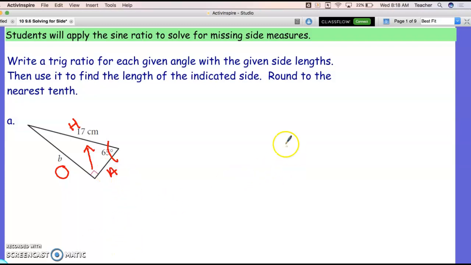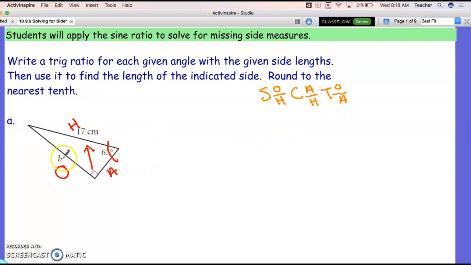Now to figure out which trig ratio to use, I'm going to think back to SOHCAHTOA, and I like to write this on my paper all the time so that I don't forget it. So SOHCAHTOA reminds us that the sine is the opposite over hypotenuse, cosine is adjacent over hypotenuse, and tangent is opposite over adjacent.